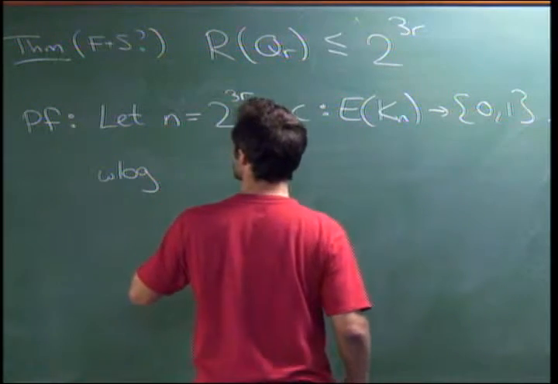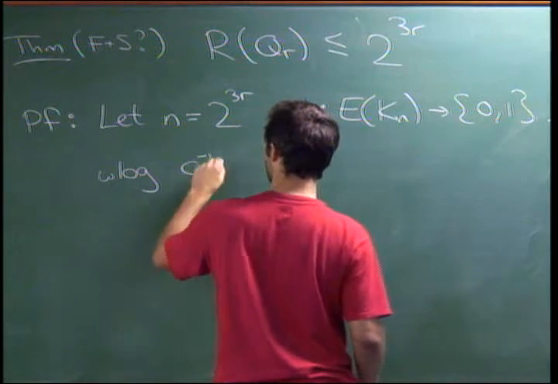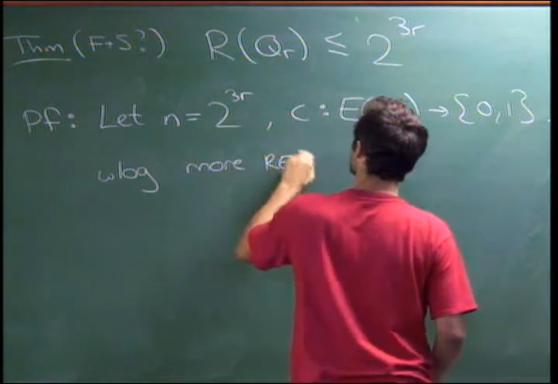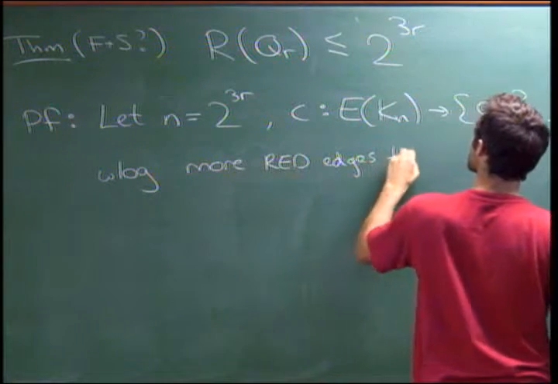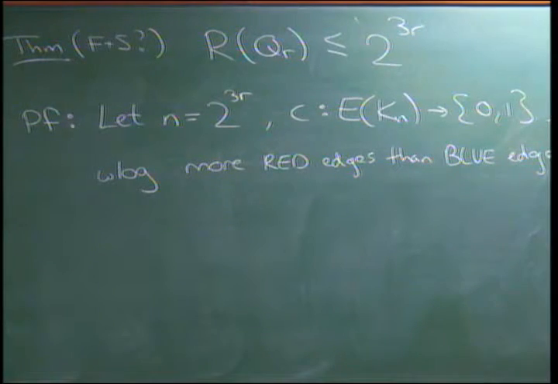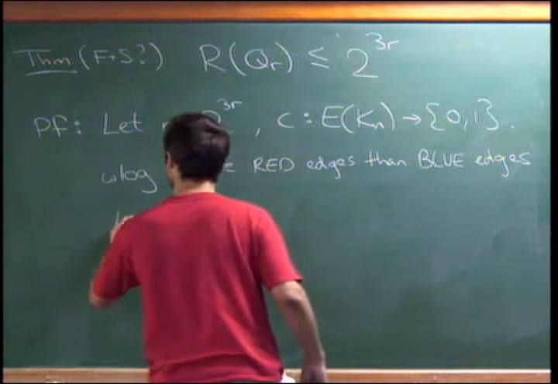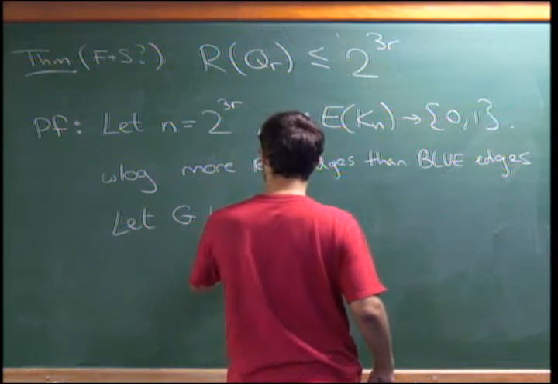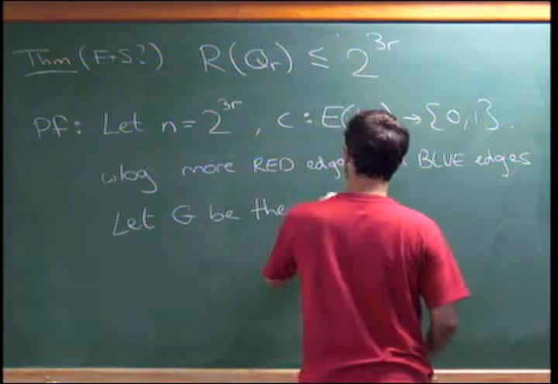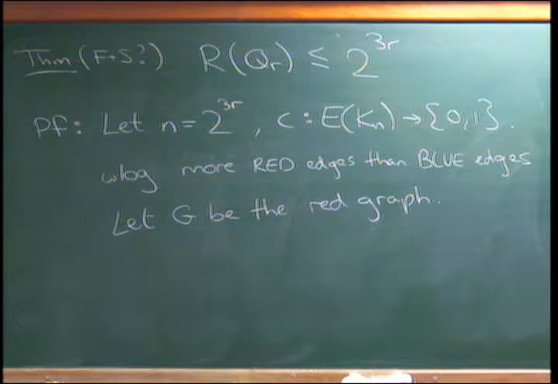So without loss of generality, there are more red edges than blue edges, at least as many red edges as blue edges. Let G be the red graph. And we're going to find a copy of Q_r inside G.